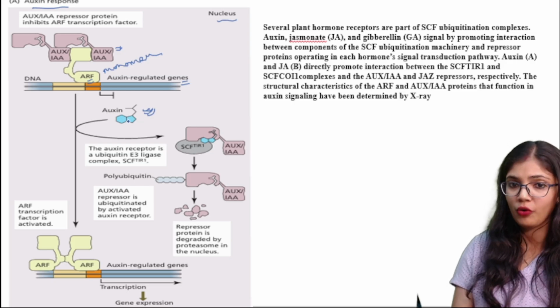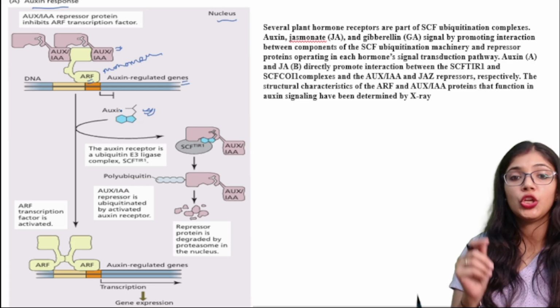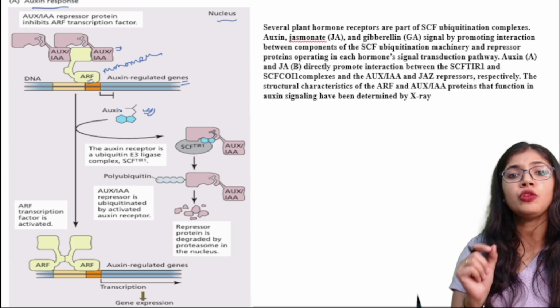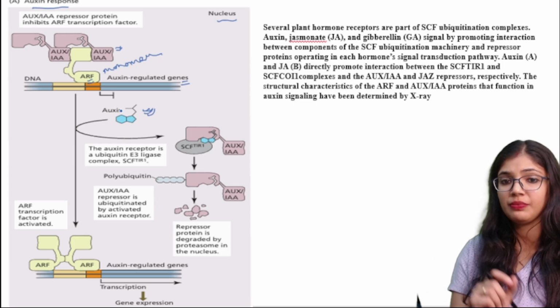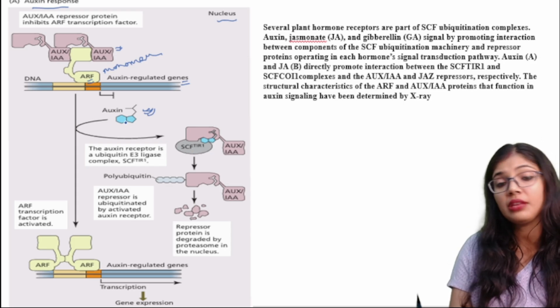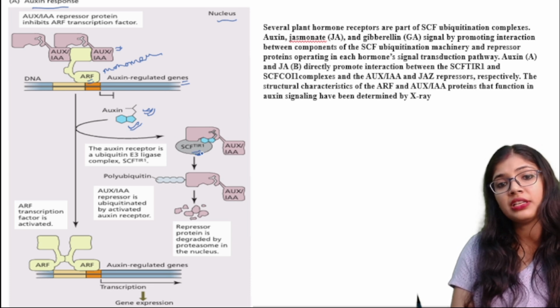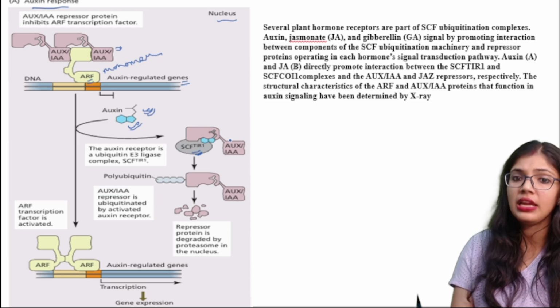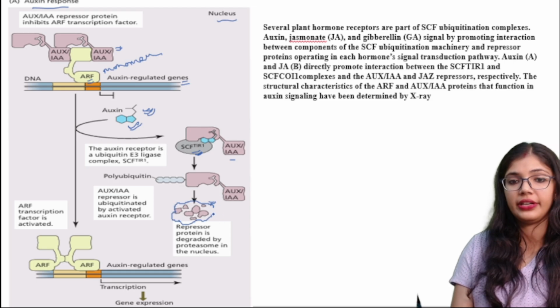In presence of auxin, it activates the ubiquitination machinery, due to which the AUXIAA which was present gets degraded. Here you can see that in presence of this auxin, this SCF is the E3. This is a ubiquitination machinery. By this ubiquitination machinery, there is 26S proteasomal degradation, and this repressor is being degraded.